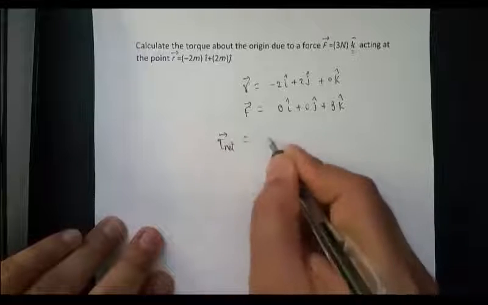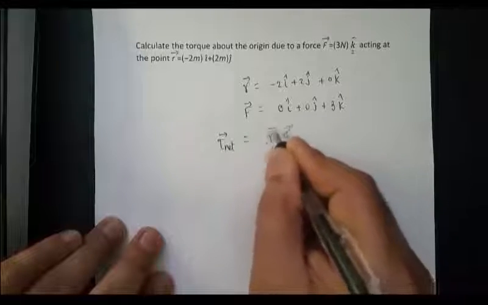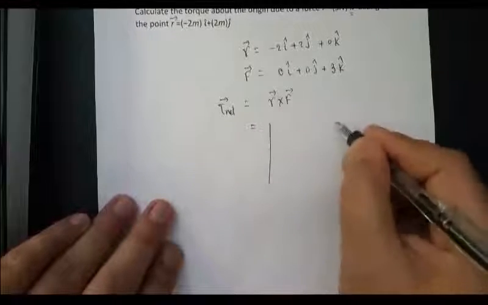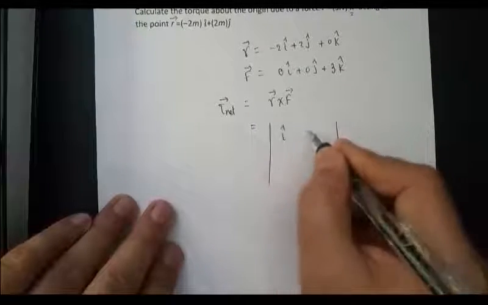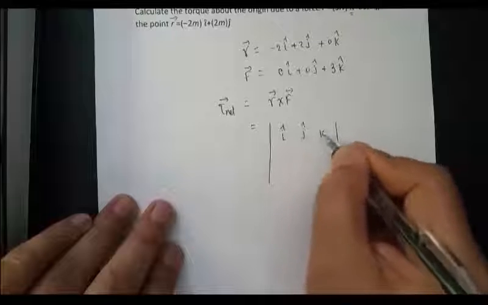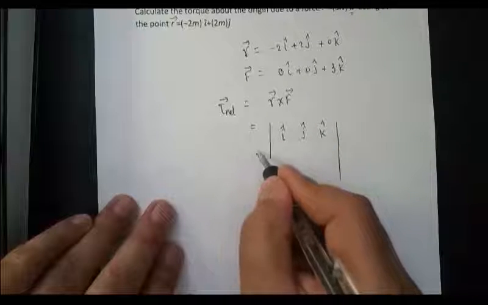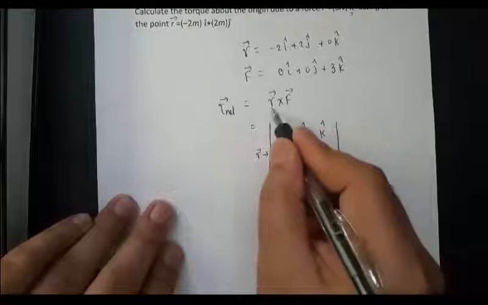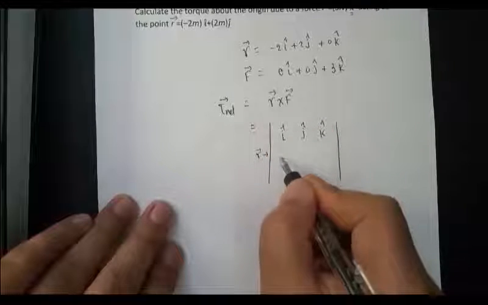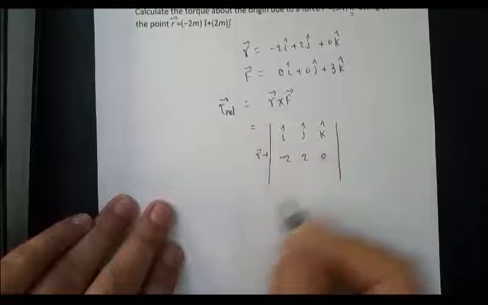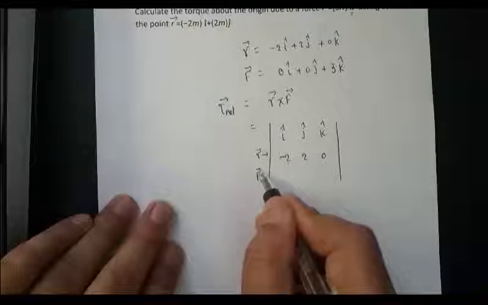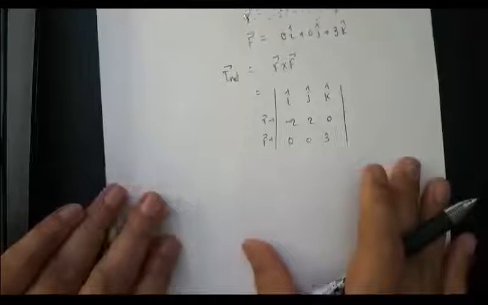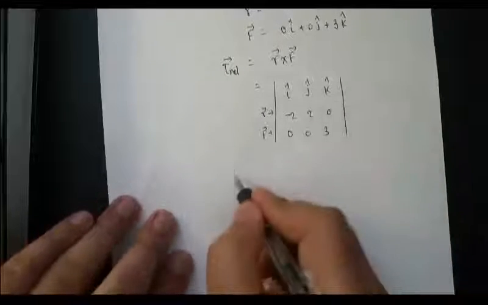The vector torque is R cross F. This can be written in determinant form, as we discussed in the previous lecture: i, j, k, and then you first put the components of the position, not F. First comes the position: 0, negative 2, 0, and then you put the components of force: 0, 0, 3. Then you apply the rules for the determinant.